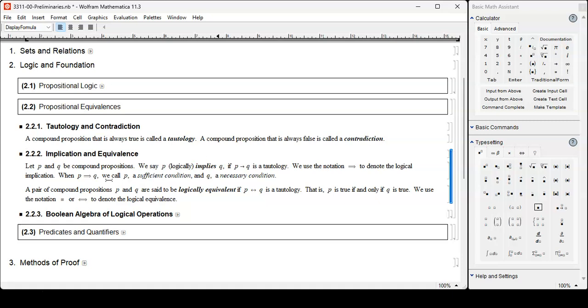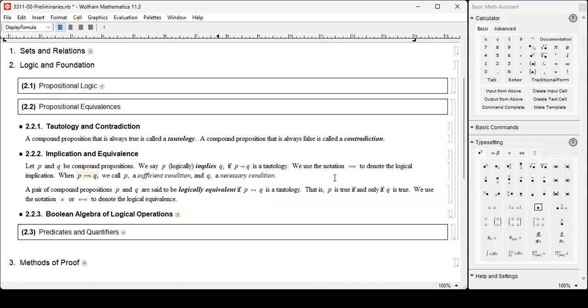Let P and Q be compound propositions. We say P implies Q if the conditional statement P then Q is a tautology. So if P then Q is always right, then we use not just this arrow notation, but we use double arrow notation.